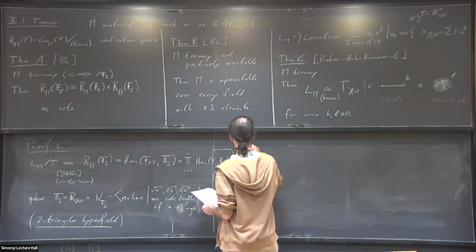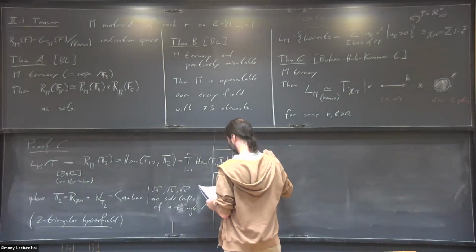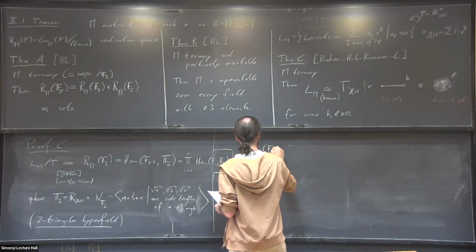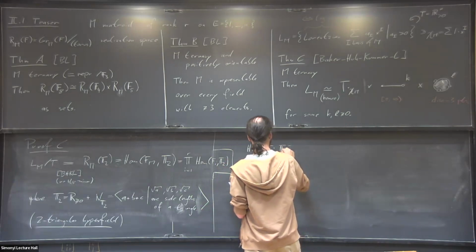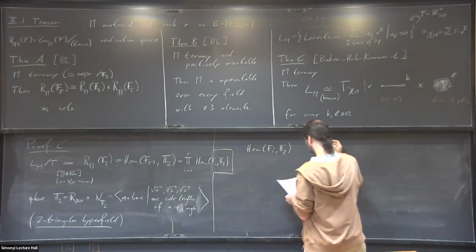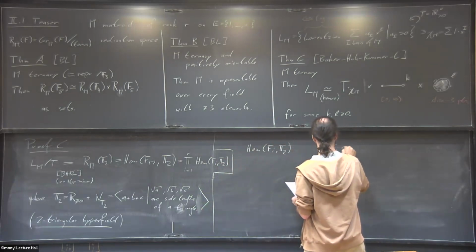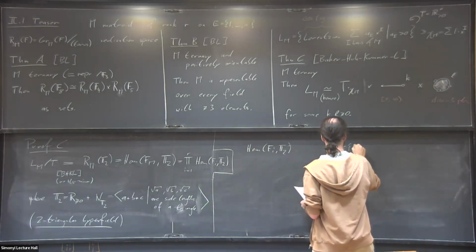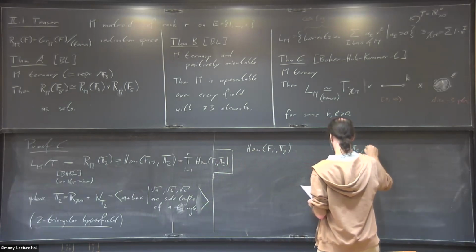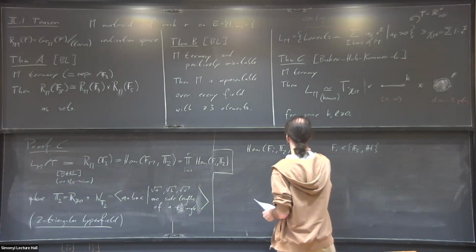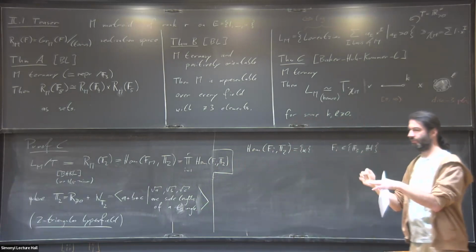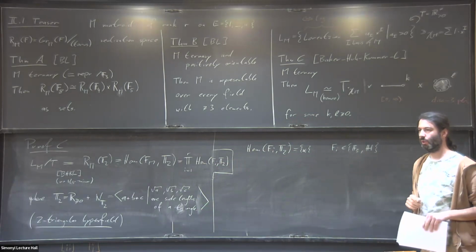What's happening? Take homomorphisms from Fi into T2, where Fi is F3 per H. And there's only one morphism, which maps everything to 1.